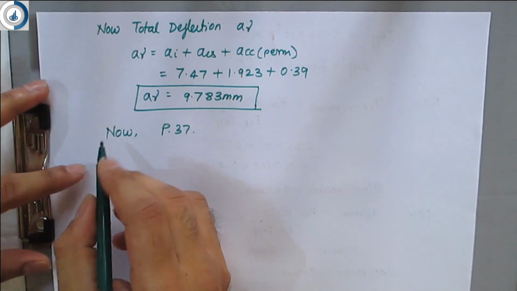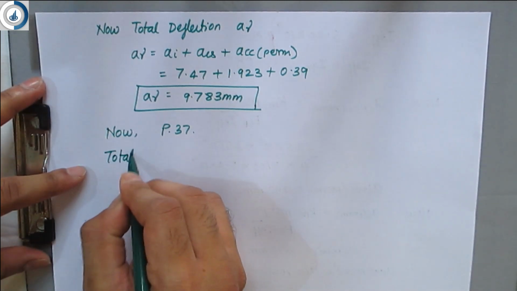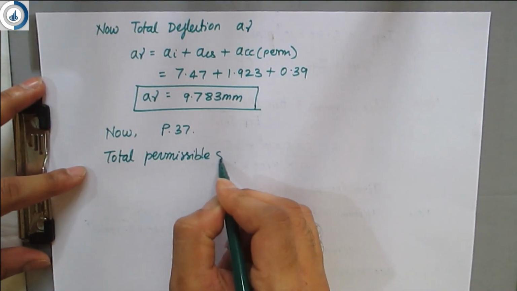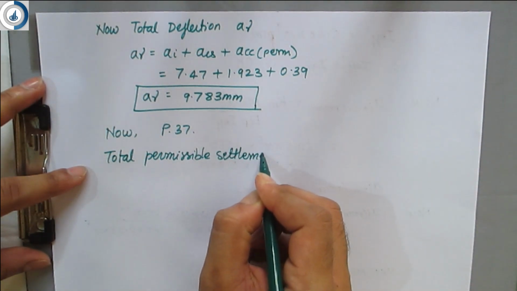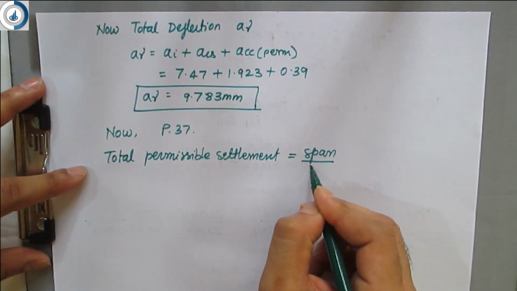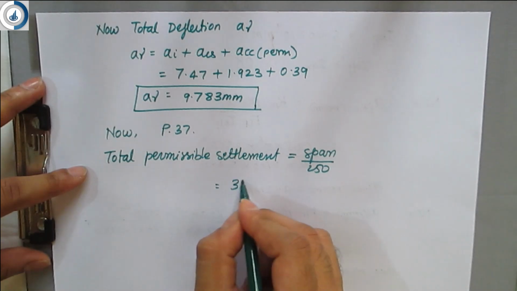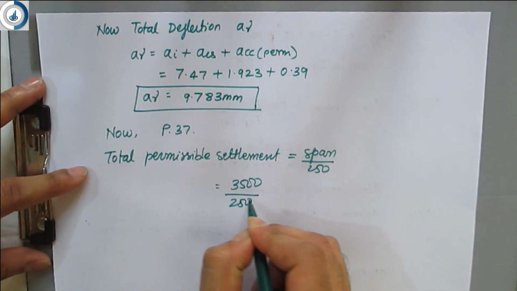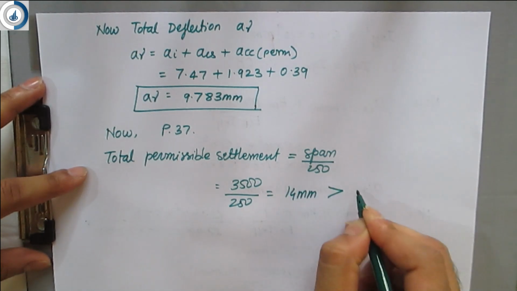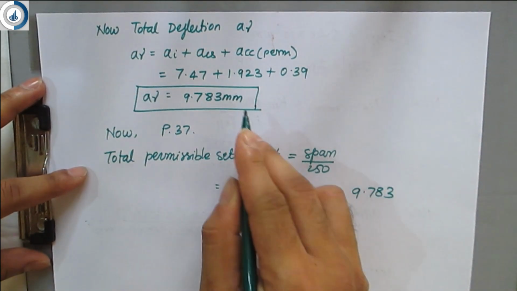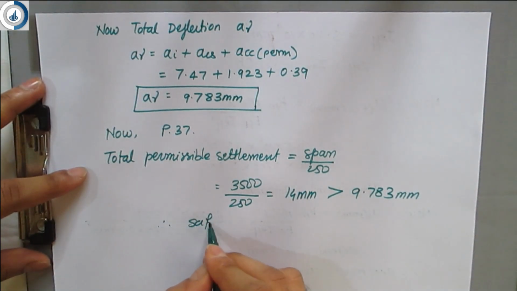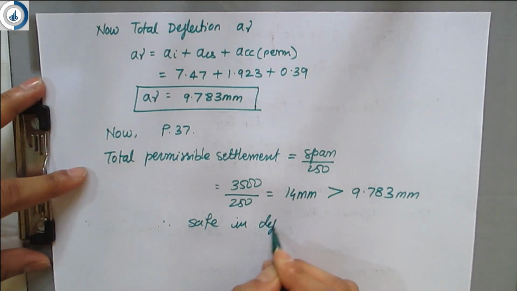The total permissible deflection is span by 250. Span is 3500 divided by 250, which gives 14 mm, which is greater than 9.783, which we have got. Therefore safe in deflection.